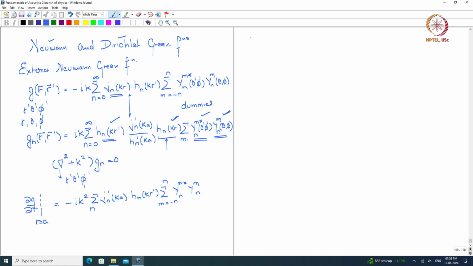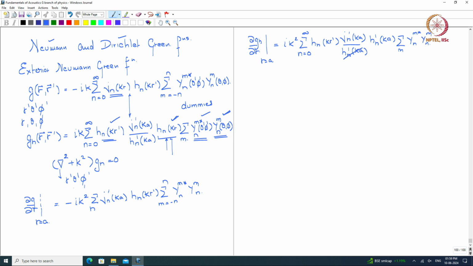And if I do del G_h by del r and evaluate it at r equal to a, I get, this undergoing the differentiation, i k square summation n 0 to infinity Hankel h_n(kr') j_n'(ka) by h_n'(ka), and h_n' evaluated on the sphere, and so this is summation m Y_n^m conjugate Y_n^m.